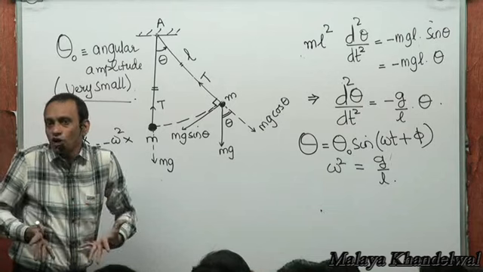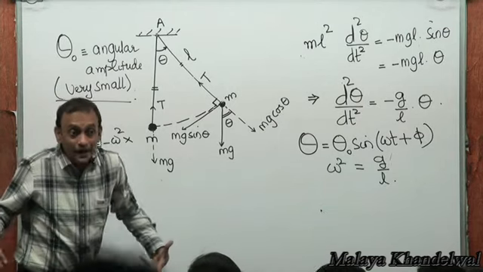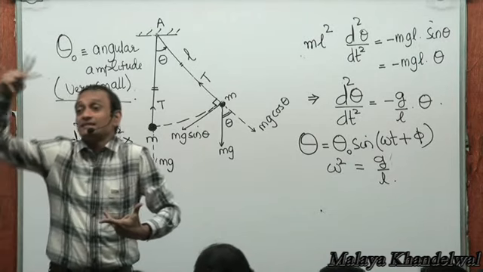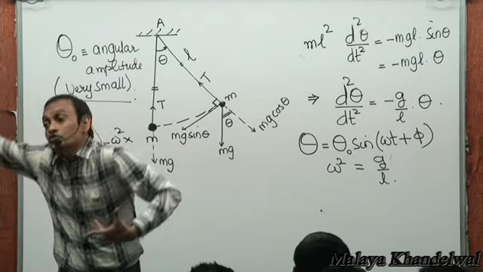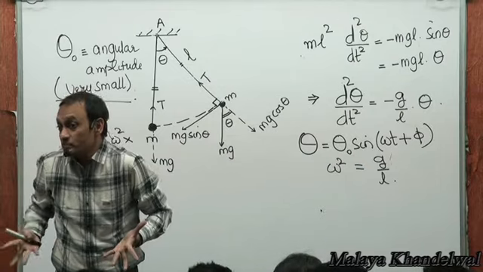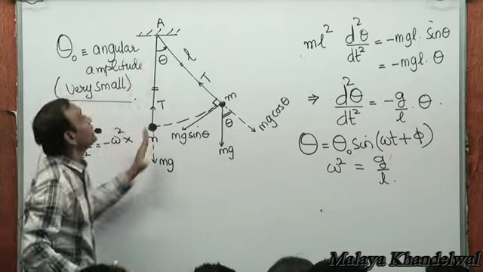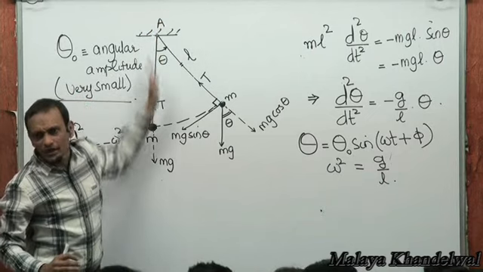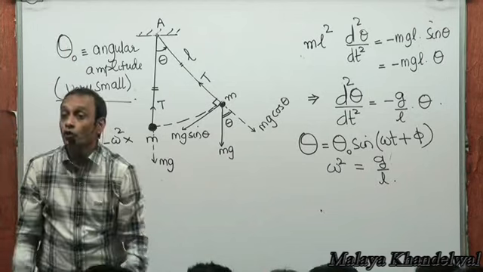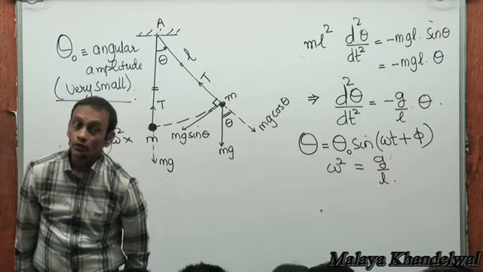Net torque about A is zero means rotational equilibrium, right? In F equal to minus kx, at x equal to 0 there was translational equilibrium, net of all forces being zero. In this case, in the vertical position, net of all torques about A is zero, so this is a position of rotational equilibrium, right?